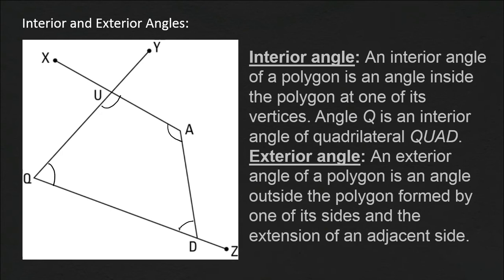Now, the exterior angle definition: an exterior angle of a polygon is an angle outside the polygon formed by one of its sides and the extension of an adjacent side.